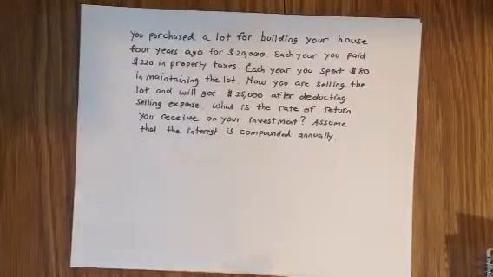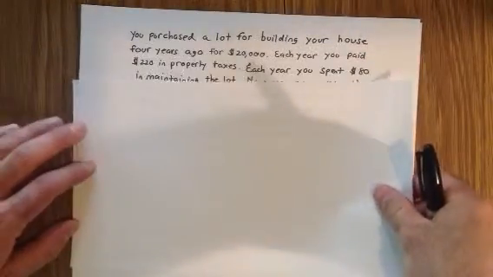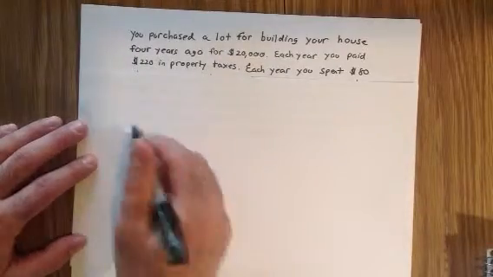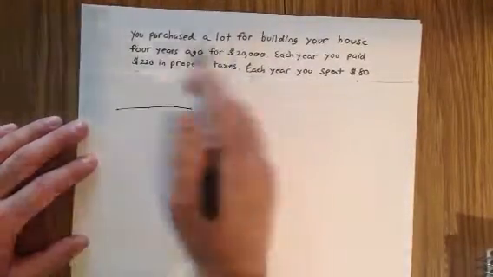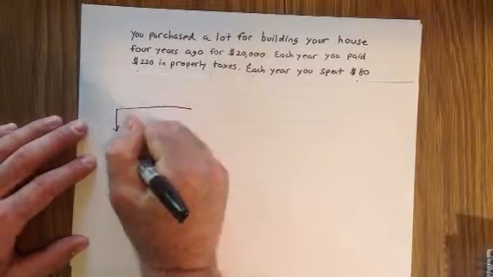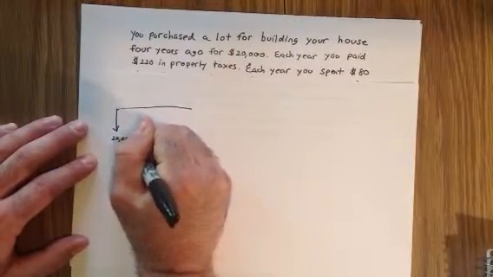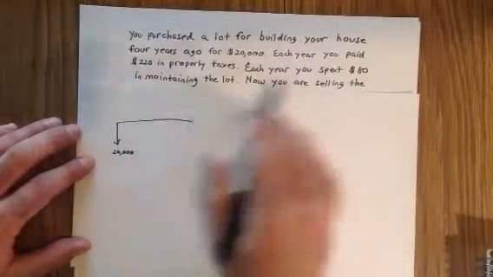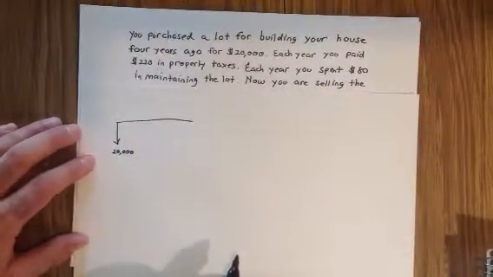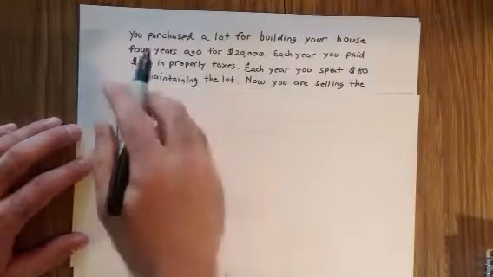In order to begin here, let's start drawing out our cash flow diagram. We can see our initial investment here is $20,000. We can draw that in there. Then each year we spend $220 in property taxes and another $80 in maintaining the lot for a total of 4 years.